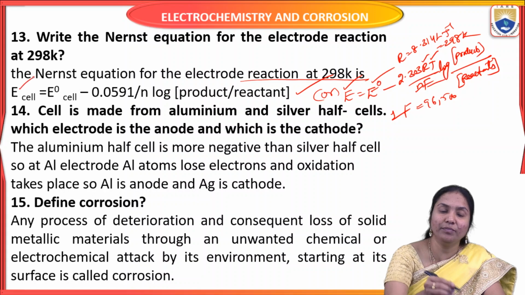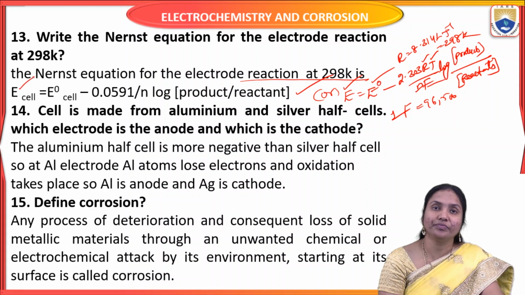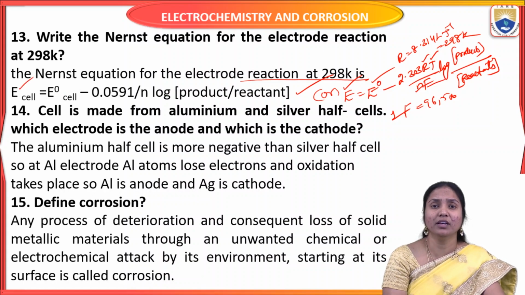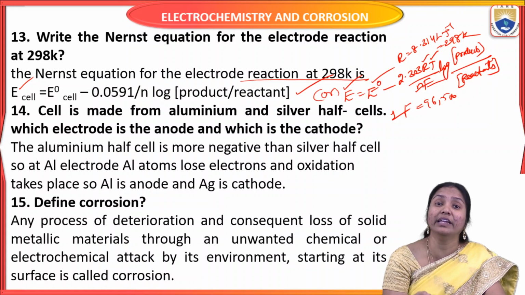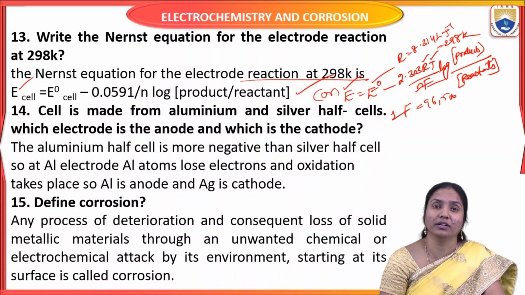Here also E means single electrode potential. Single electrode potential means the strength of that electrode, or the tendency of a metal to lose or gain electrons when we dip it in its own salt solution.